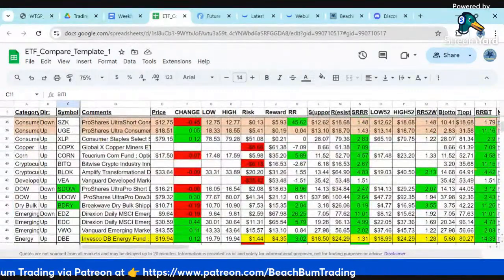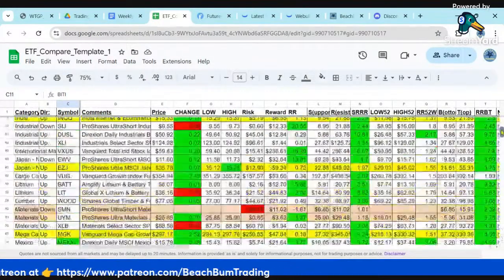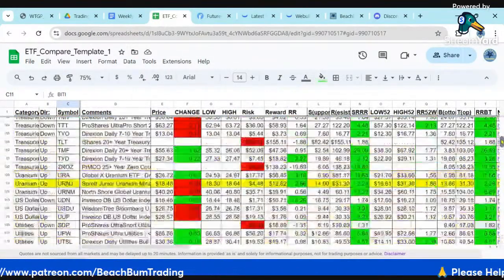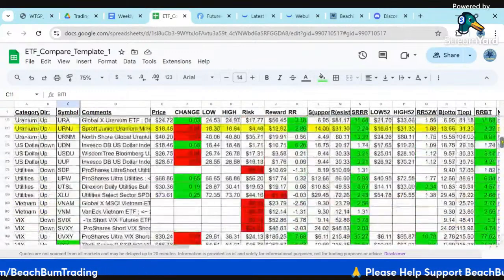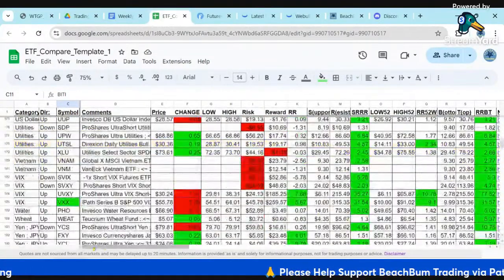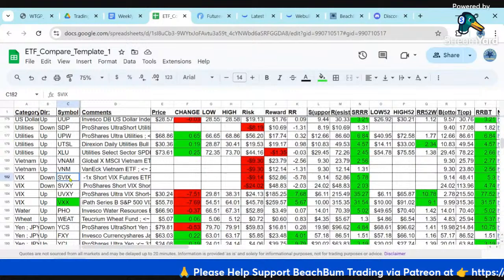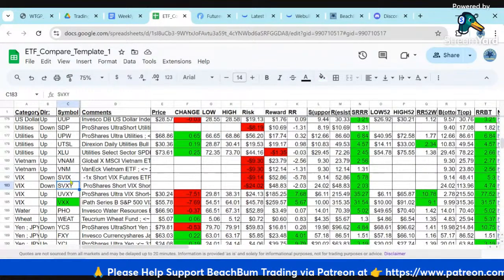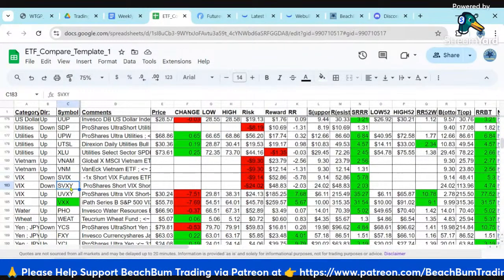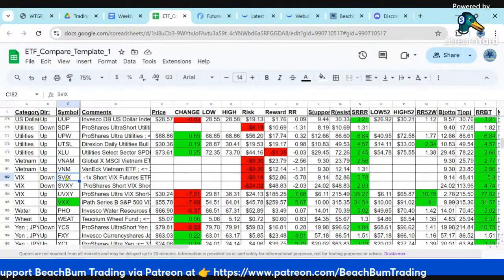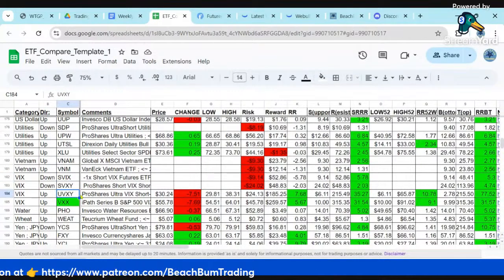Again, let me start with some of the strictly volatility ETFs, because we're going to talk about these in more detail as part of our strategy. If you go to the VIX section, we have a number of ETFs that you can short the VIX with, SVXY, SVIX. We saw a couple-day run-up in UVXY.